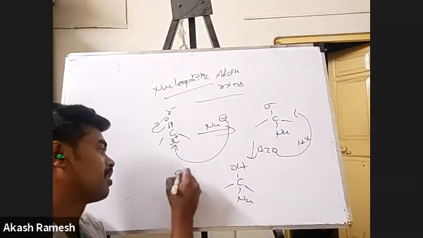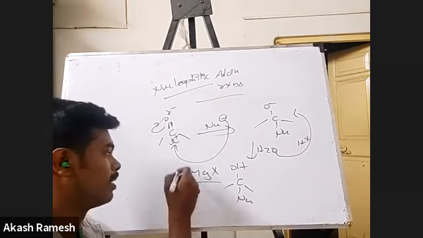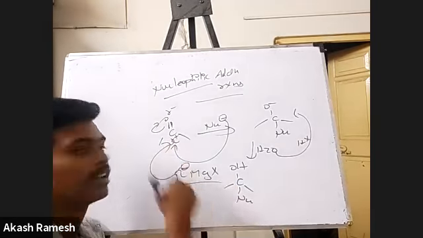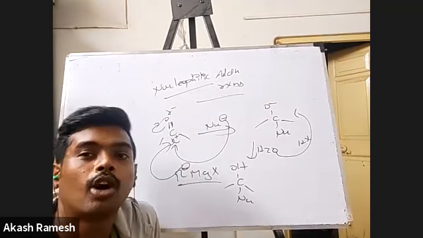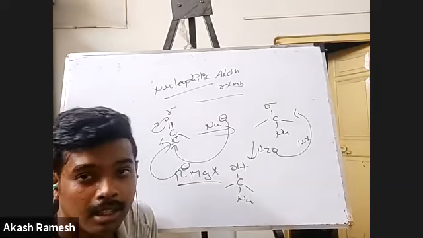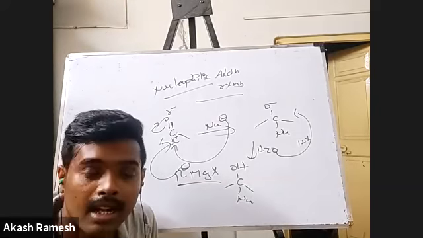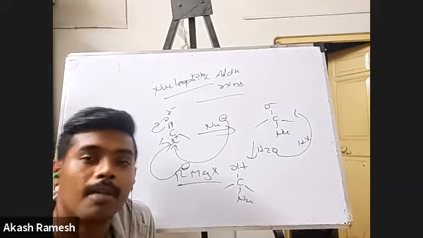The answer is the Grignard reaction. Is it not? R minus will come and attack here. So if it was formaldehyde, it will always form a primary alcohol. If it is any other aldehyde other than formaldehyde, you'll form a secondary alcohol. And if it's a ketone, you'll form a tertiary alcohol.